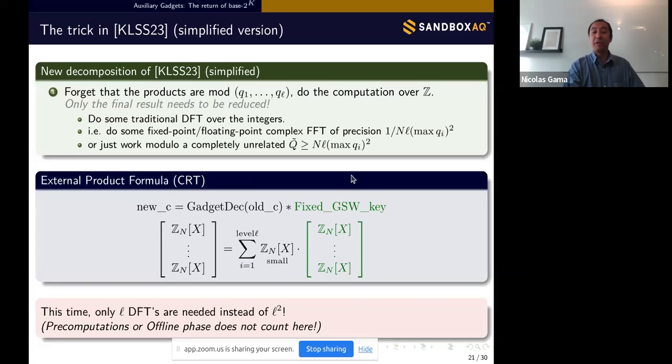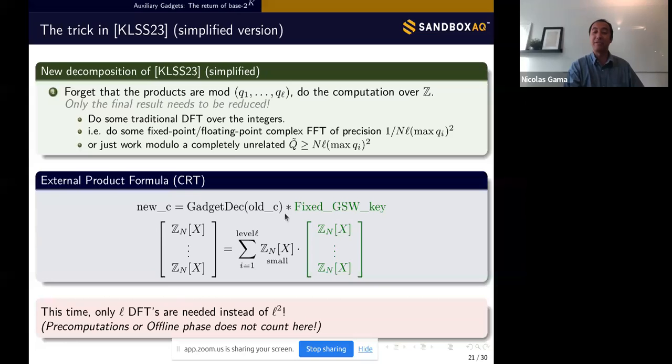So if I work on the complex FFT with precision this bound, or if I decide to work modulo a completely unrelated Q that is larger than the result, I will be able to reconstruct my result. And that's really the main idea that unlocked everything, because now it means that on the online phase, I only have L DFTs to run instead of L squared.